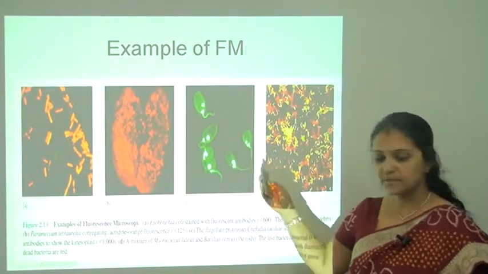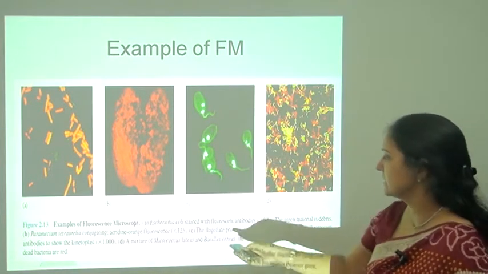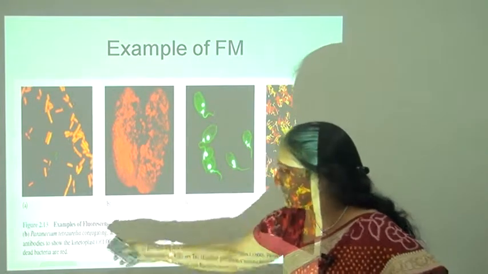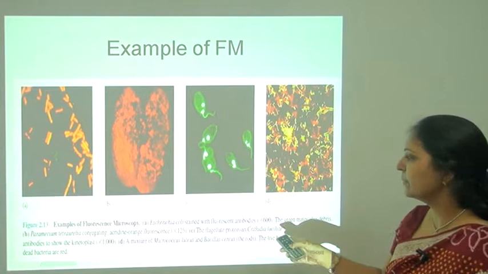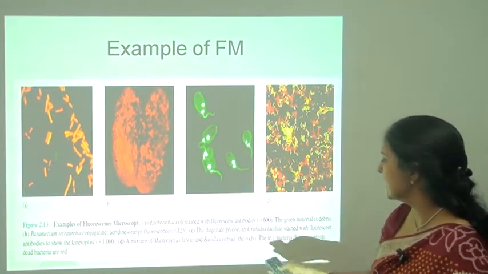These are some examples of fluorescent microscopy. The first picture is Escherichia coli, which is stained with fluorescent antibodies. Second is Paramecium. The third is a flagellated protozoan, and the fourth is a mixture of Micrococcus luteus and Bacillus cereus.